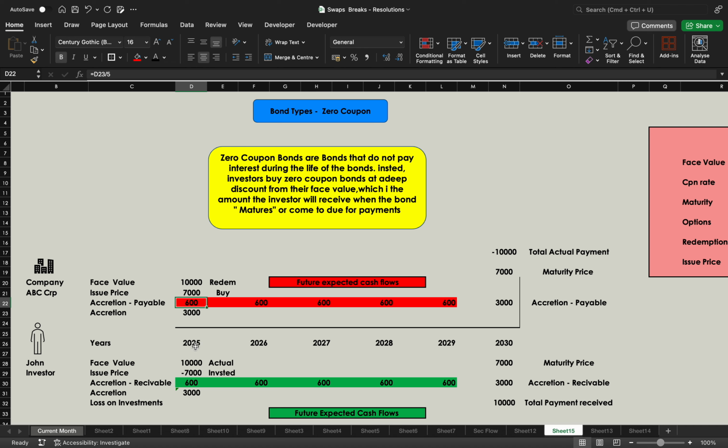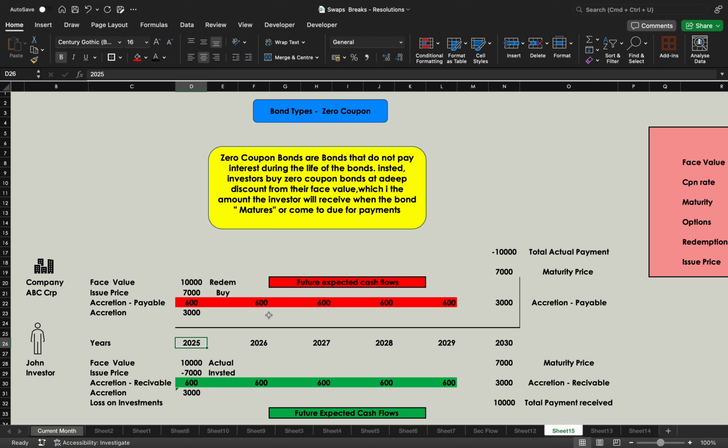Here we are assuming the bond issuance date is 2025 and it will mature in 2030. So you can see the spread from 2025 to 2030, for 5 years only, and we have prepared a schedule for 5 years.